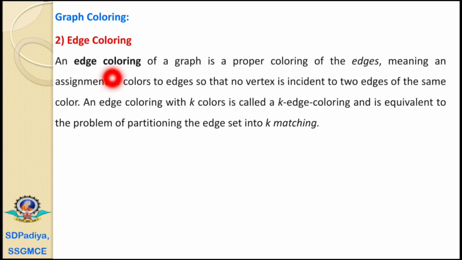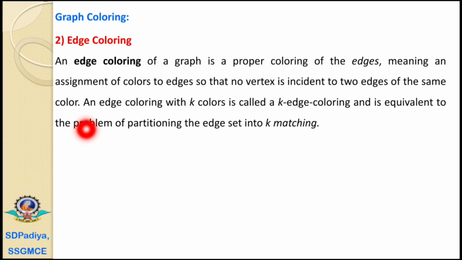Now we'll discuss the second type of graph coloring, that is edge coloring. An edge coloring of a graph is a proper coloring of the edges, meaning an assignment of colors to edges so that no vertex is incident to two edges of the same color.